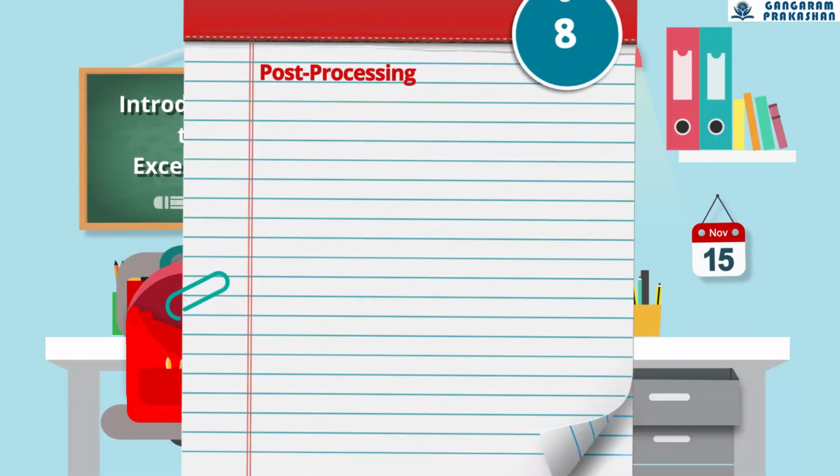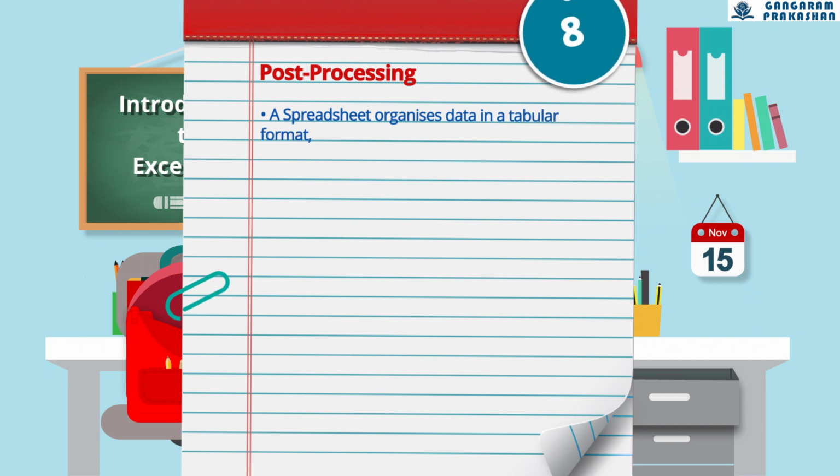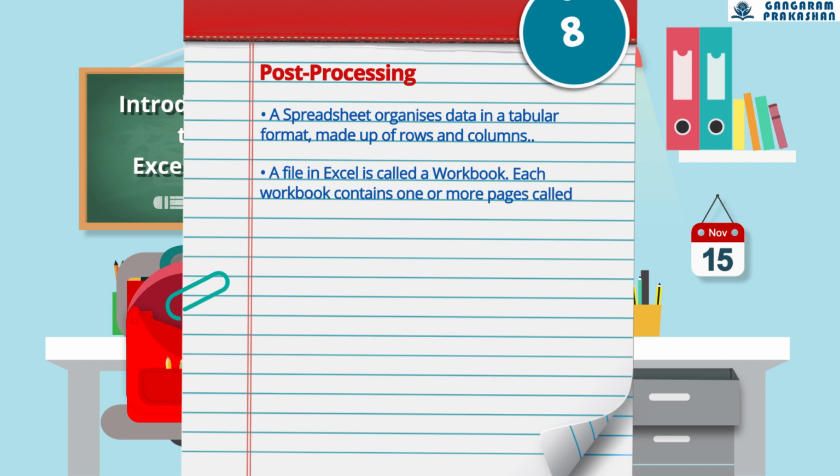Post-processing. A spreadsheet organizes data in a tabular format made up of rows and columns. A file in Excel is called a workbook. Each workbook contains one or more pages called worksheets. A worksheet in Excel 2016 contains 10,48,576 rows and 16,384 columns.